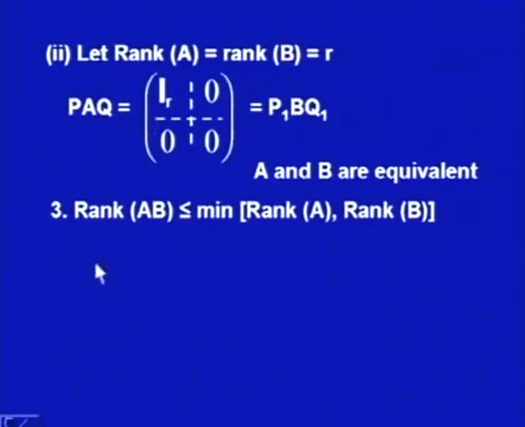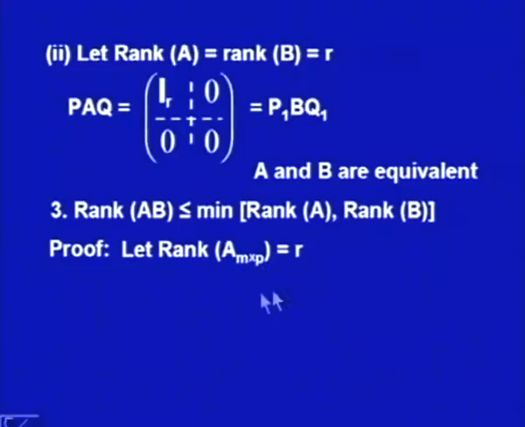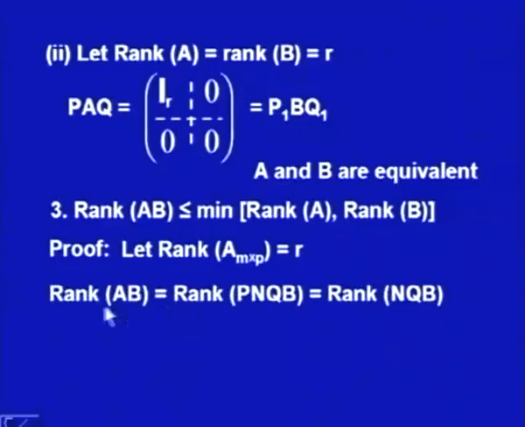Now the next property says that the rank of AB, the product of two matrices, is less than or equal to the minimum of rank of A and rank of B. This is an important property. To prove this, let the rank of A, which is an m by p matrix, be R. Then A can be reduced by linear transformations to the form P N Q, where N is the echelon form.